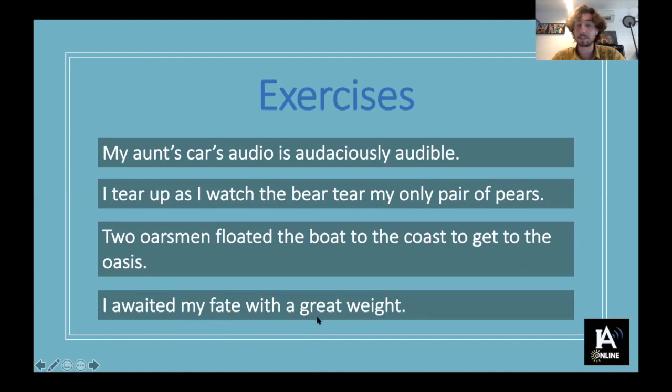Here it's actually spelled EAT, great. And then lastly, wait, EIGH. So they are all different variations. They are all different ways to say A. I awaited my fate with a great wait. And even right here, A, just the letter A, or you could even say a great wait, but I prefer to say a great wait.